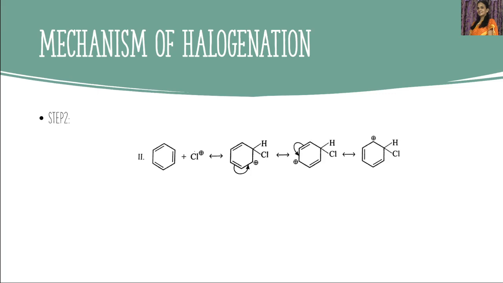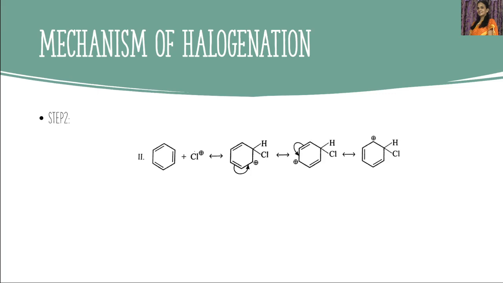Right now, with the help of this pi bond, it forms a bond with this chlorine. You can see a new sigma bond is formed between carbon and chlorine. As this pi bond forms a bond with this chloronium ion, the adjacent carbon gets the positive charge. Now the positive charge is in resonance with the remaining 2 pi bonds.